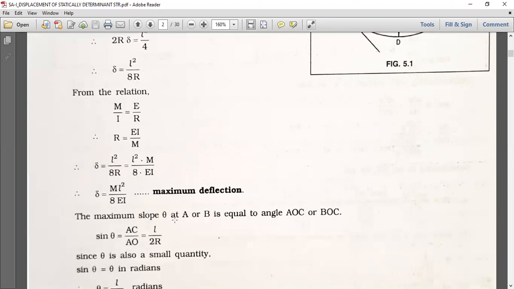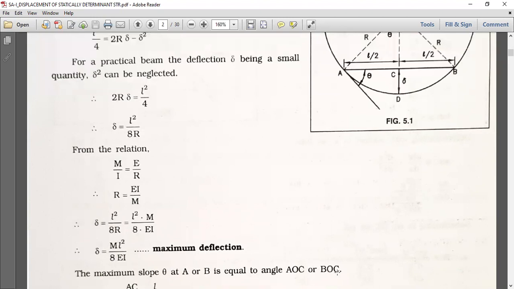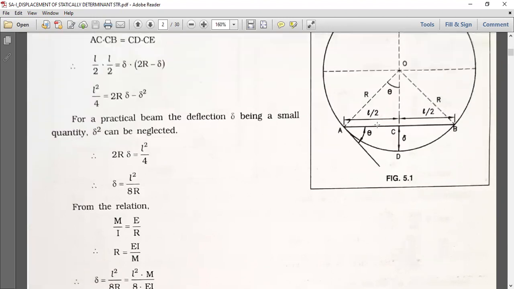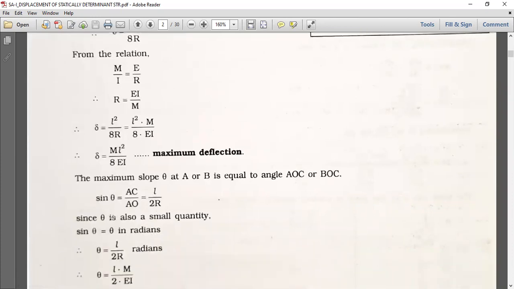The maximum slope theta at A or B is equal to angle AOC or BOC. Sin theta is equal to AC upon AO, which is L upon 2R. Since theta is also a small quantity, sin theta can be taken as theta in radians.